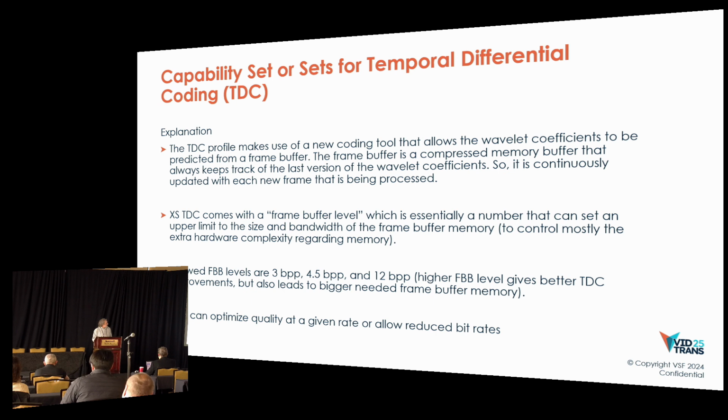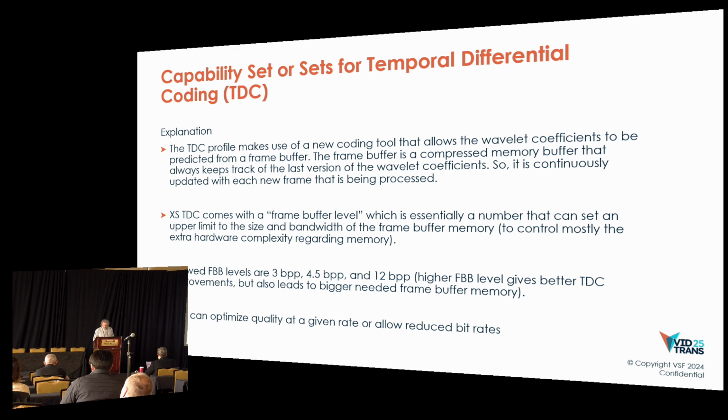There's a number of different ways or settings for this so that the user would have some capability of setting that. You see in the next to the bottom bullet there that there's different levels for 3 bits per pixel, 4.5, and 12 bits. The higher compression needs more memory.